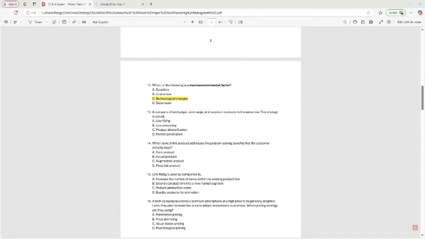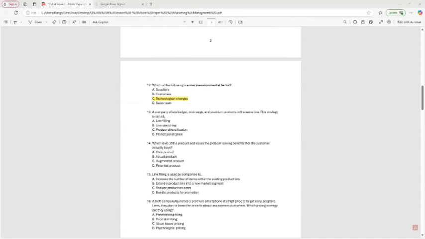Line filling means adding more items within the existing price and quality range. You can see the hint here. So what is the question?